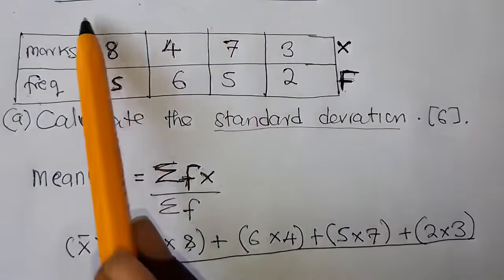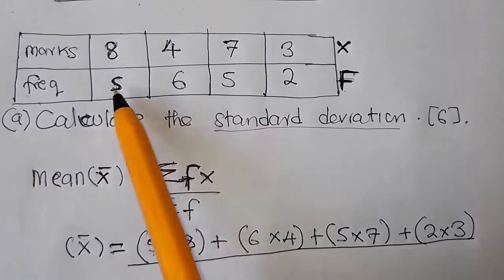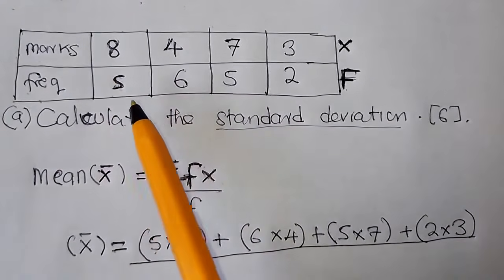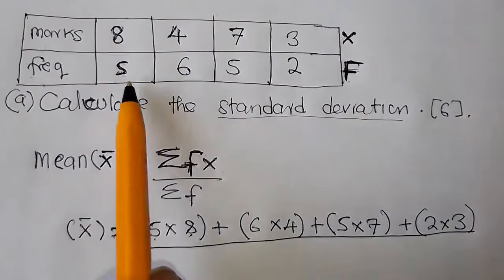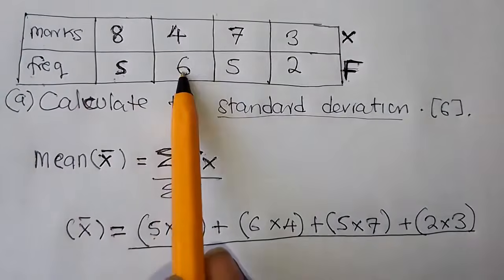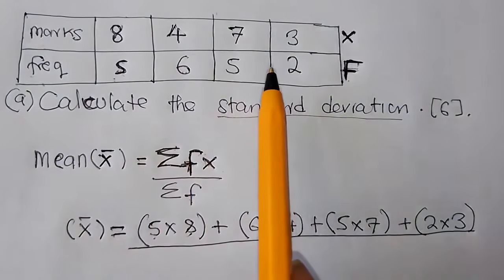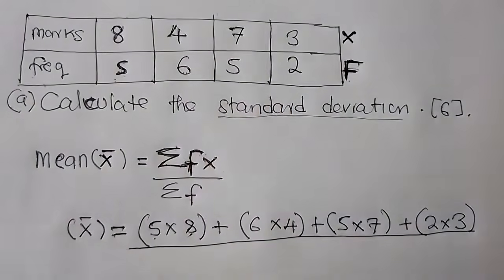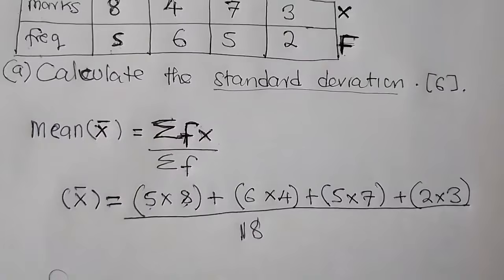But if you don't have it, you can just add the frequencies, the summation of total frequency. Like I told you, we need to use the calculator: 5 plus 6 plus 5 plus 2. The answer is 18.